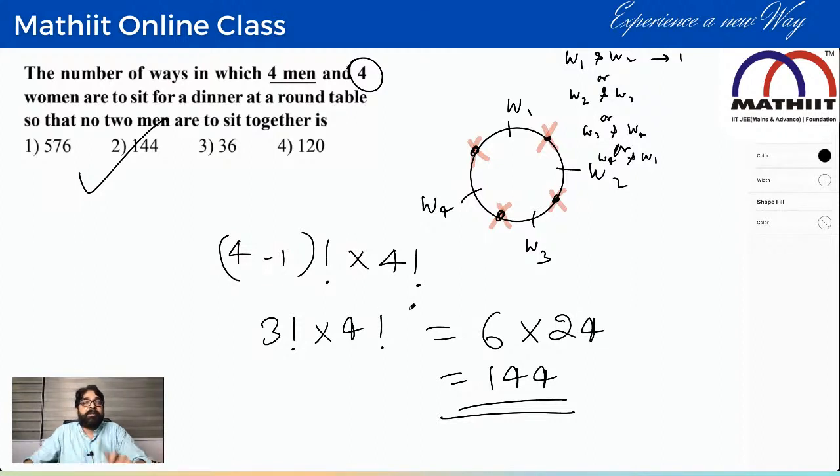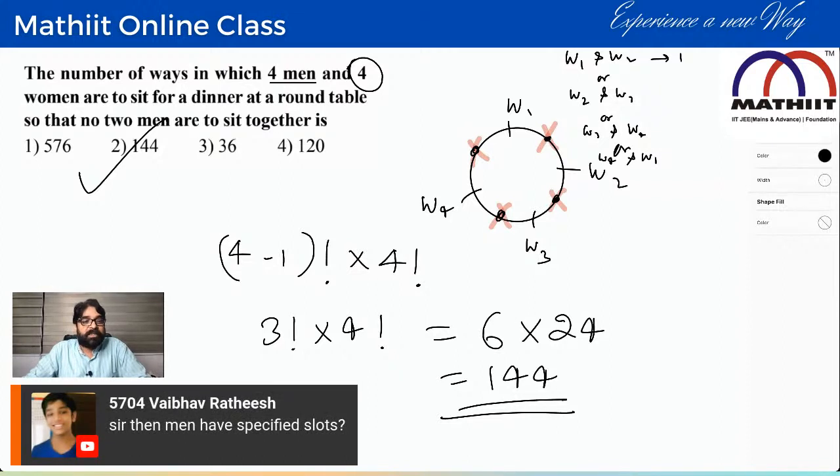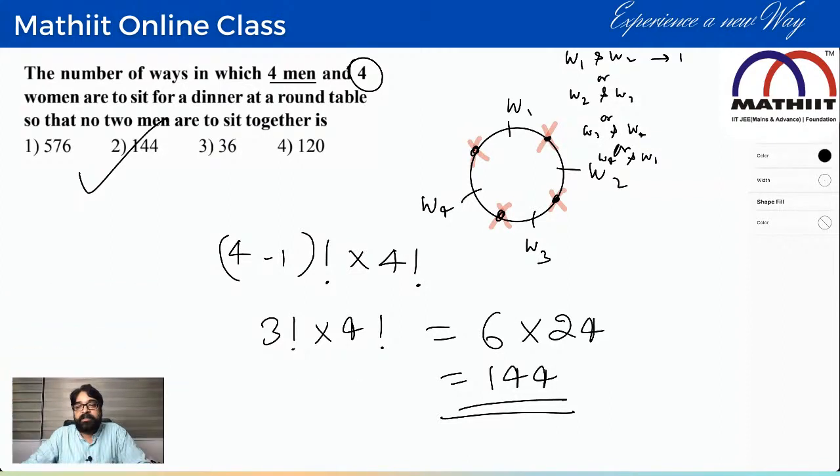Am I clear to everyone now? Those who did not understand, please confirm. Yes, men have a specific slot, because men can come between W1, W2 only, or W2, W3 only, or W3, W4 only.